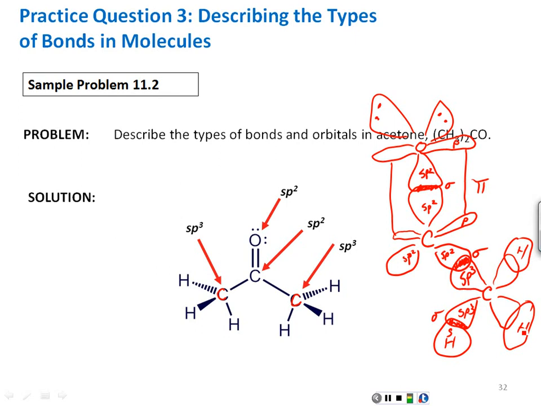So again, I'll try to draw one of these on the board. It's probably a little bit easier to see on the board than me trying to scribble something out here on the screen. But that would be the basic way to draw a valence bond model.